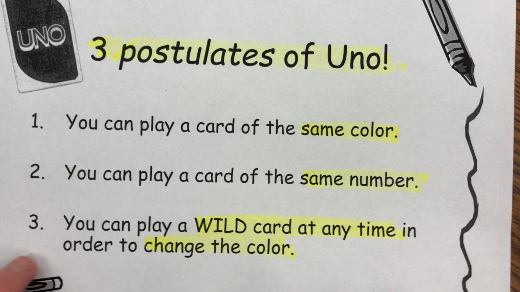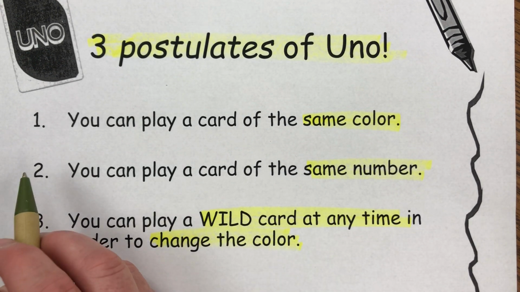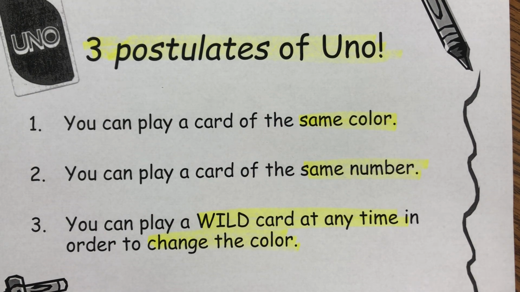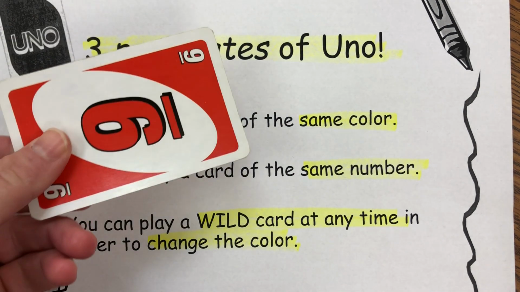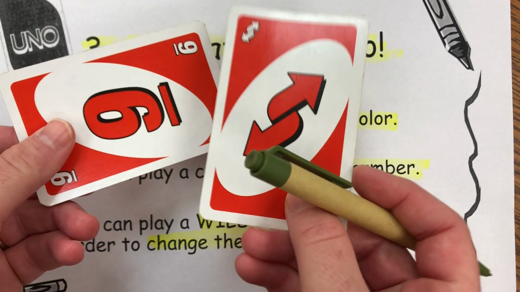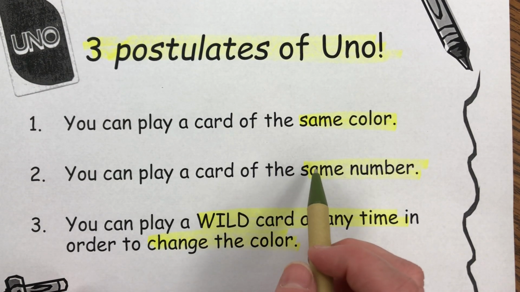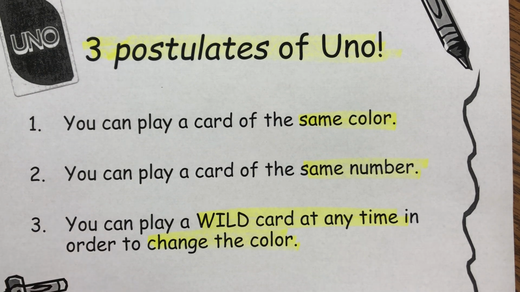Here are the 3 rules of Uno you need to know. You can play a card of the same color. So if I have 2 reds, like these 2, if I start with 1 red, I could throw this red down. They don't have to be the same card, they just have to be the same color. Okay? You can also play a card of the same number. So if I had a blue 5 and a red 5, I could play the blue 5 and then I could throw the red 5 on top of it because they're the same number.